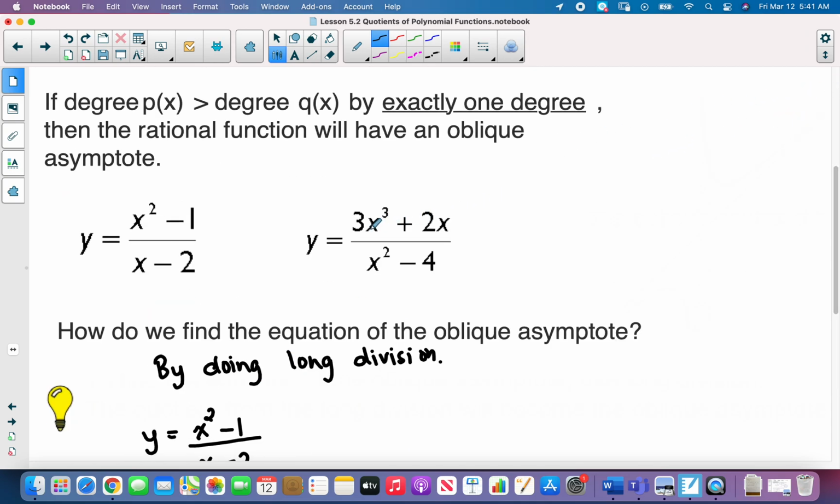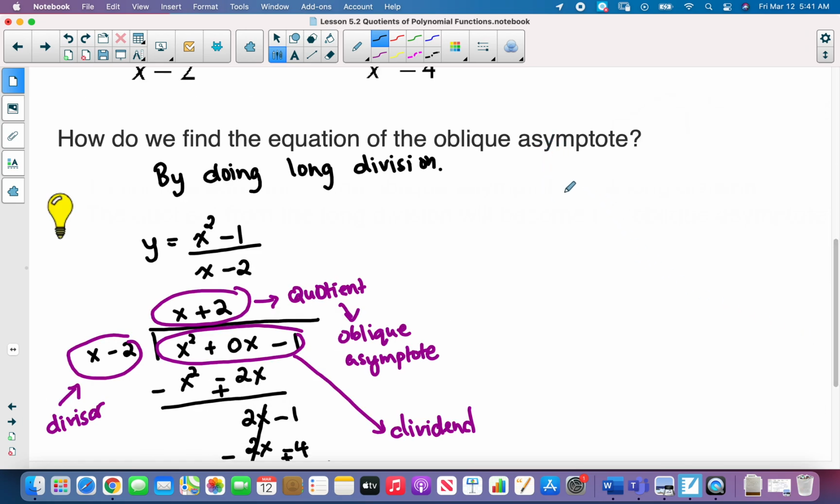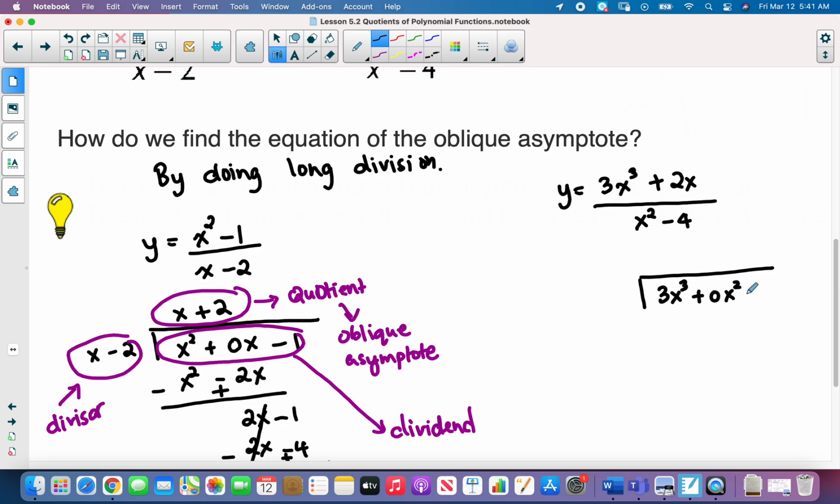This one here. What would the equation of the oblique asymptote be for this function? So the function is y equals 3x cubed plus 2x divided by x squared minus 4. So let's try long division. So 3x cubed plus 0x squared plus 2x, and we're going to divide that by x squared minus 4.